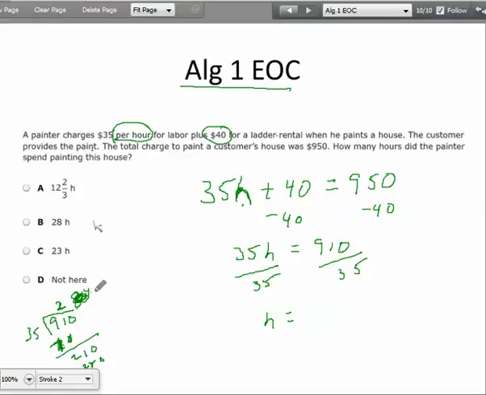Okay, let's do 3. 3 times 5 is 15. Carry your 1. 9, 10, 105. 105, not enough. So it can't be a 3. Guess what? It's not 23. It's not 28. That one's way too low. I would have to say the answer is not here.